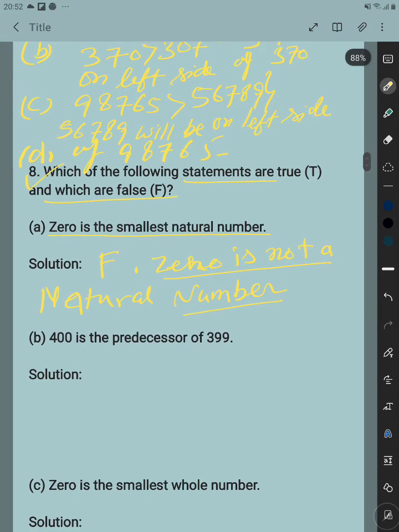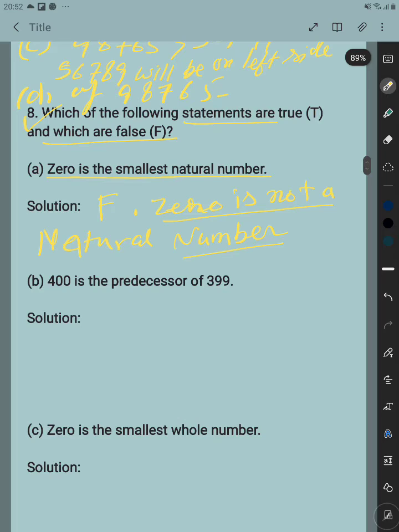Then question number B, what is this? 400 is predecessor of 399. Which one is predecessor? This is saying 400, but 400 is not the predecessor of this. The predecessor of this is 398. 400 is the successor of 399.